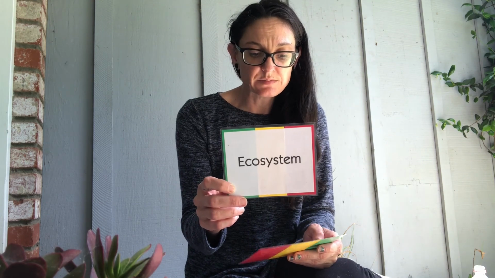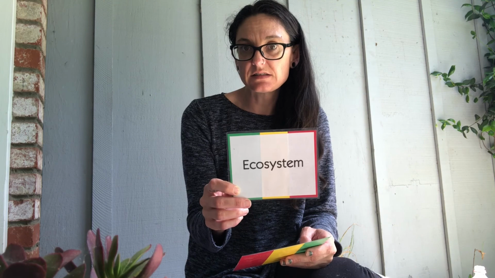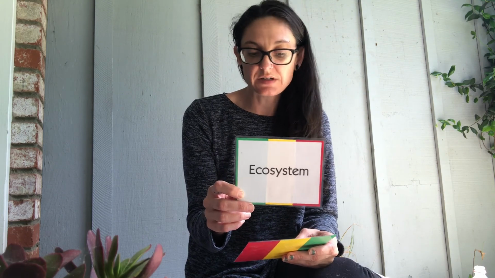Living things, also known as biotic organisms, interact with non-living things, also known as abiotic organisms, like the soil, water, and air. What we're going to do is build an eco-column that demonstrates how this ecosystem works and how everything inside an ecosystem is all connected.